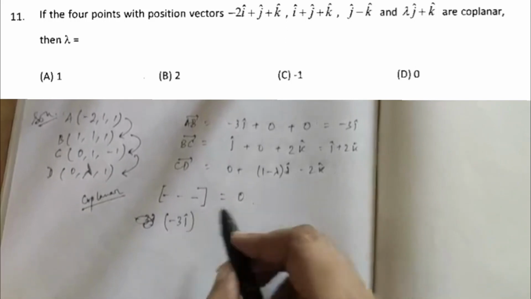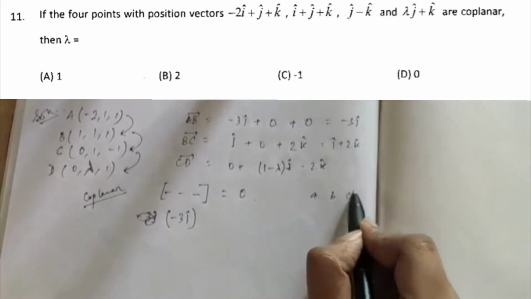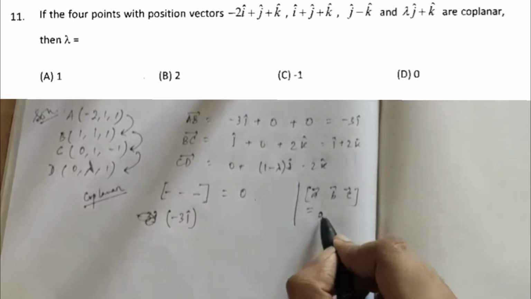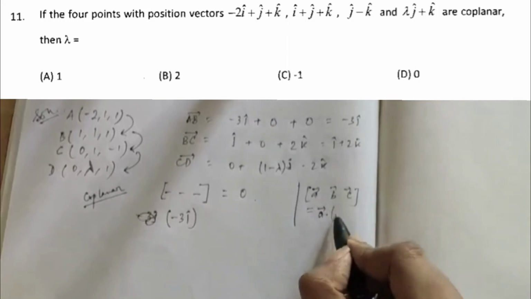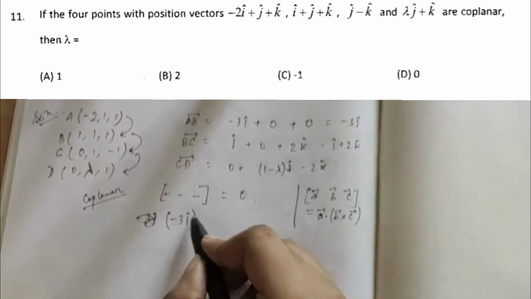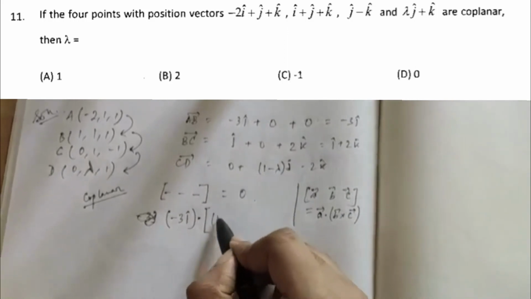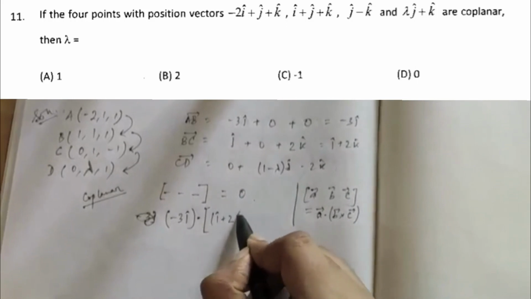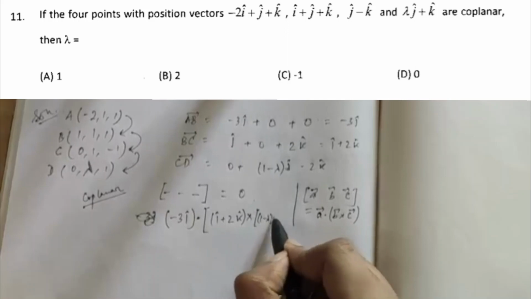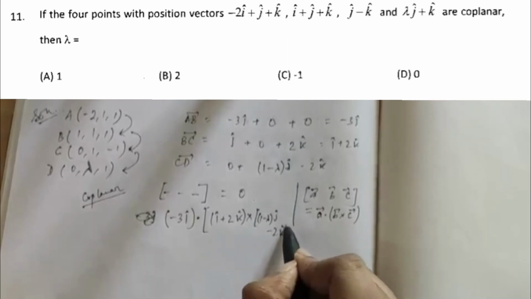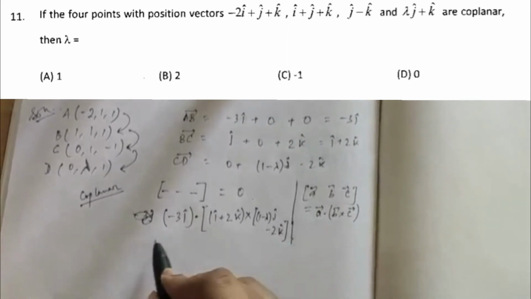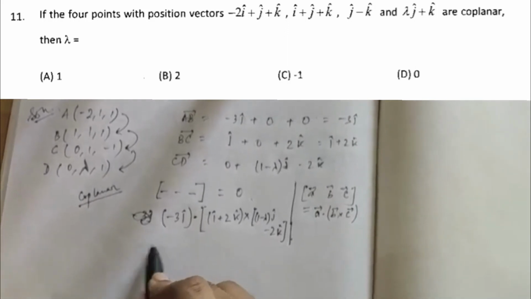We take the formula for scalar triple product, which is A vector dot B vector cross C vector. So I am doing that. I am taking A vector as -3 i cap, dot (i cap plus 2 k cap) cross ((1 minus lambda) j cap minus 2 k cap).